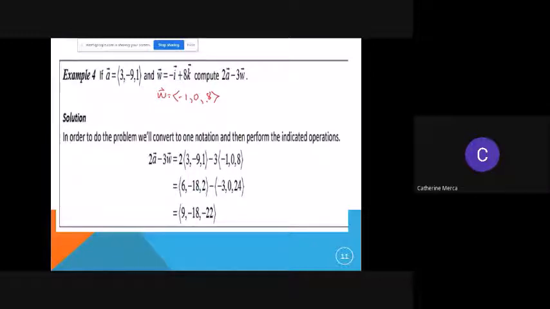The numerical coefficient of negative i is negative 1, the numerical coefficient of j is 0, and the numerical coefficient of k is 8. That's why you have negative 1, 0, 8 here. So when you write that, it's 2 times the vector 3, negative 9, 1, minus 3 times the vector negative 1, 0, 8. You come up with this vector.